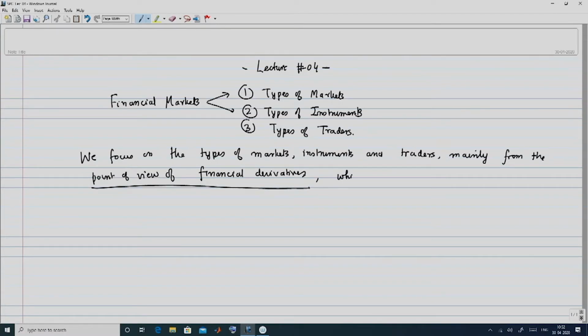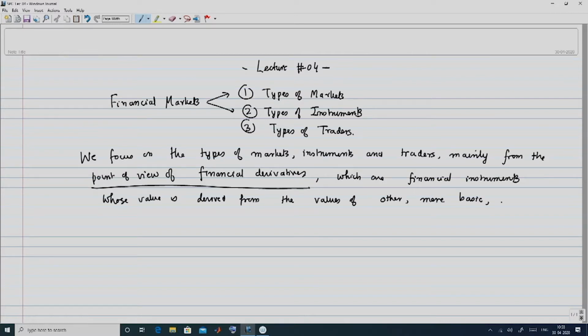And what are financial derivatives? So, these are financial instruments whose value is derived from the values of other more basic underlying variables.